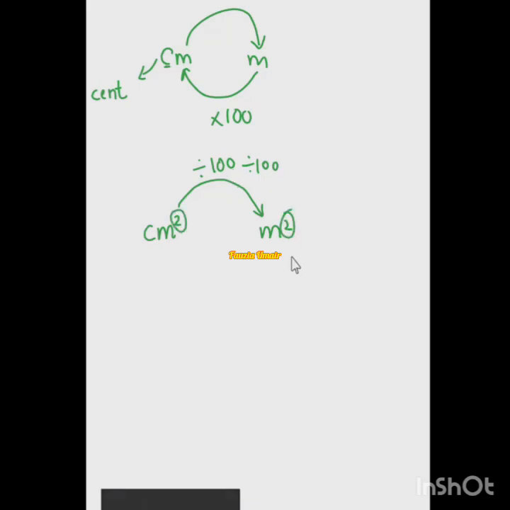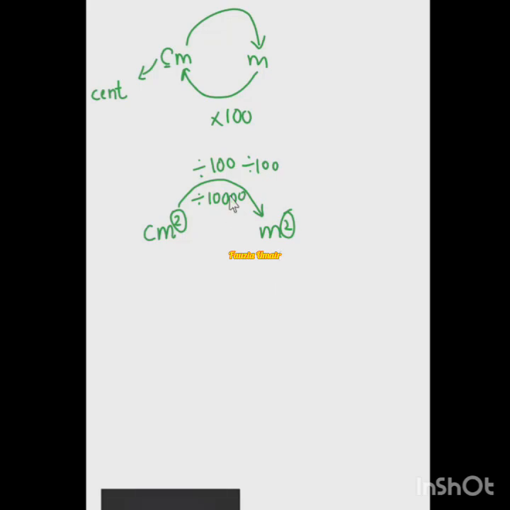It was only centimeter to meter, so we divided by 100 one time. But for centimeter square to meter square, we will divide by 100 two times. In short, we can say divide by 10,000, because two 100s make 10,000, right?